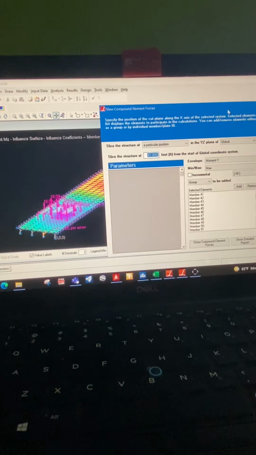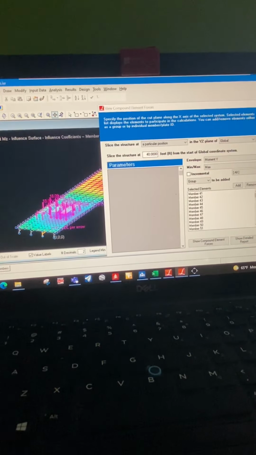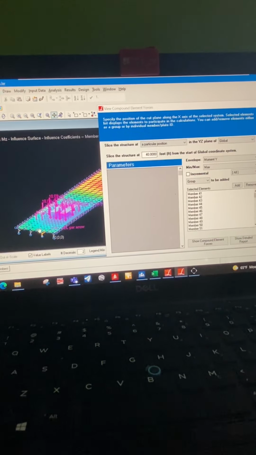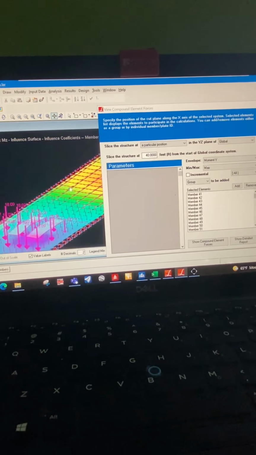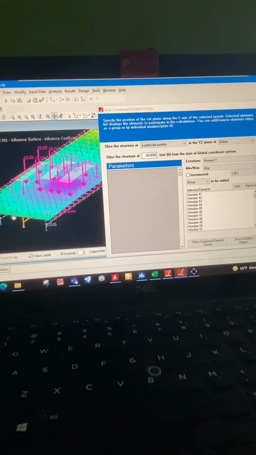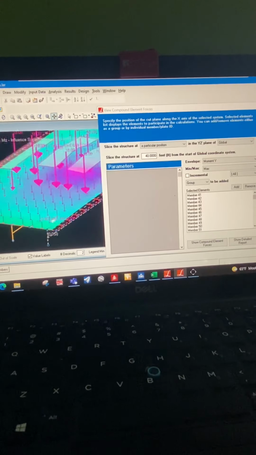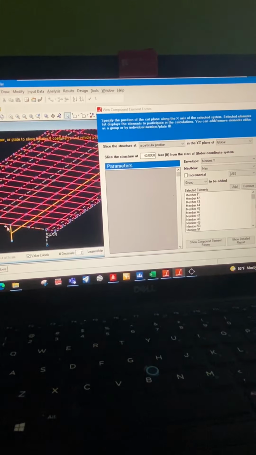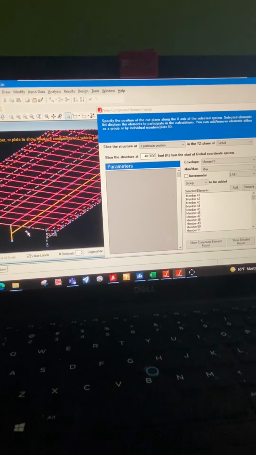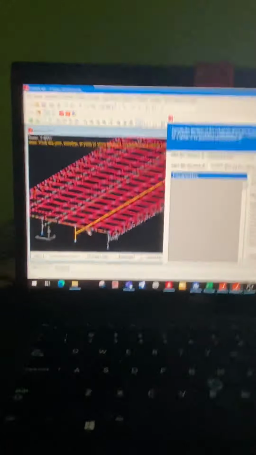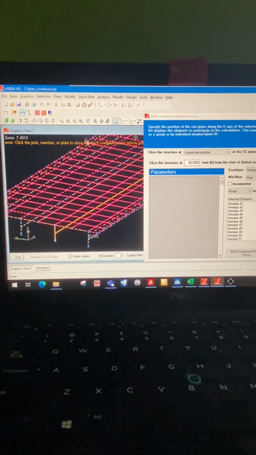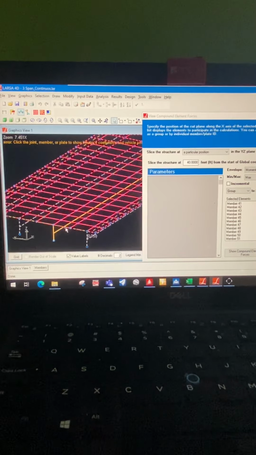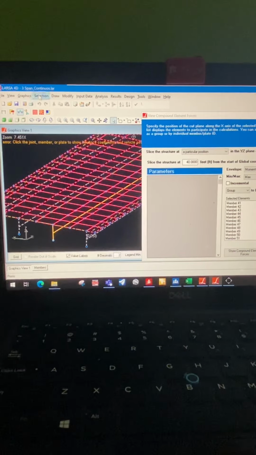Before I did this earlier, I did some groupings. I grouped the deck plates and the first interior girder together. This is the one that we're trying to get the maximum bending moment for.